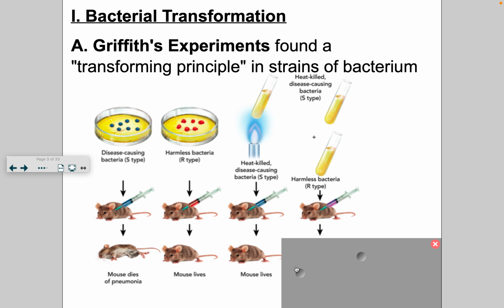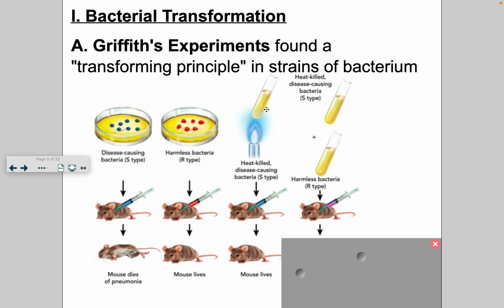So then Avery Griffith did one more step, a brilliant step. He said, if I take the heat-killed disease-causing bacteria and I mix it with the harmless bacteria. So notice the outcomes for both of these separately: heat-killed disease-causing, the mouse lived; harmless bacteria, the mouse lived. So he's like, well, I predict that the mouse should live.